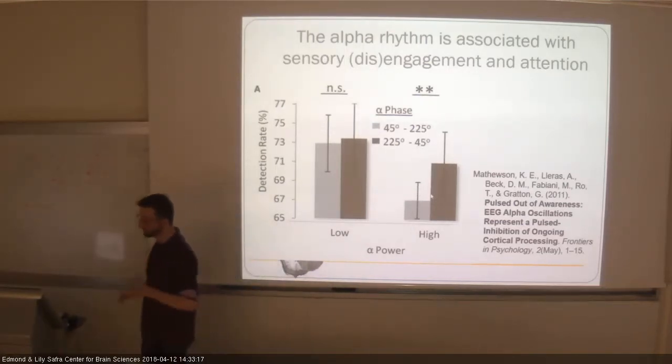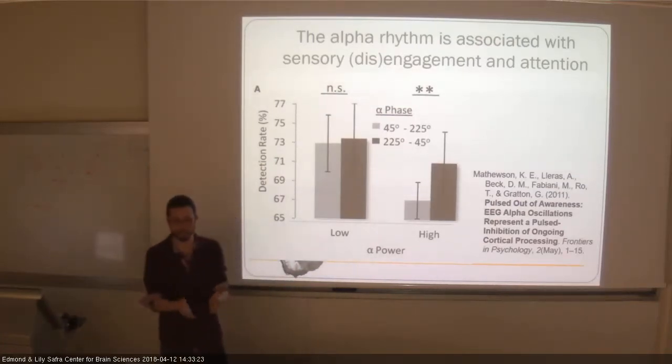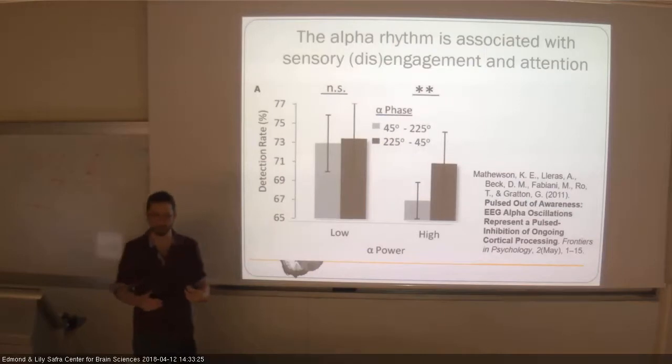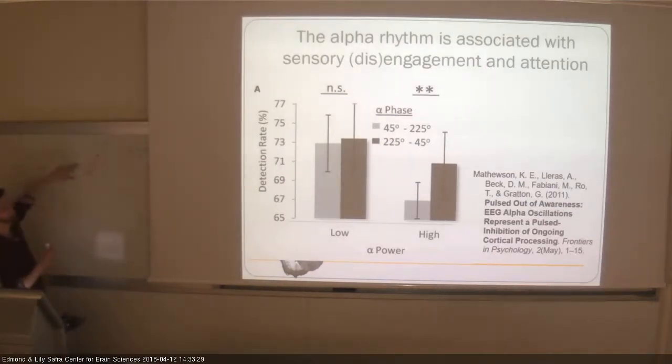When you do a time frequency decomposition, you get the amplitude information, but you also get the phase information. So if this is our alpha rhythm, and it's just an ongoing rhythm, not locked to any event, then at some point we get a stimulus, and the stimulus can land here, for example, or it can land here, at different phases of the alpha cycle.